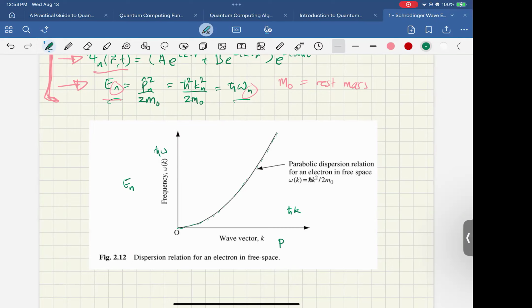So the behavior of that electron is somewhat constrained. And as you'll find out later, especially in 183, in solid state physics, as soon as the electron interacts with the environment, the dispersion relation becomes more complicated.